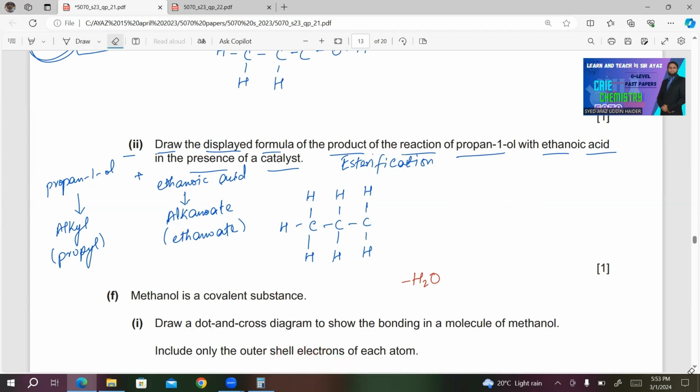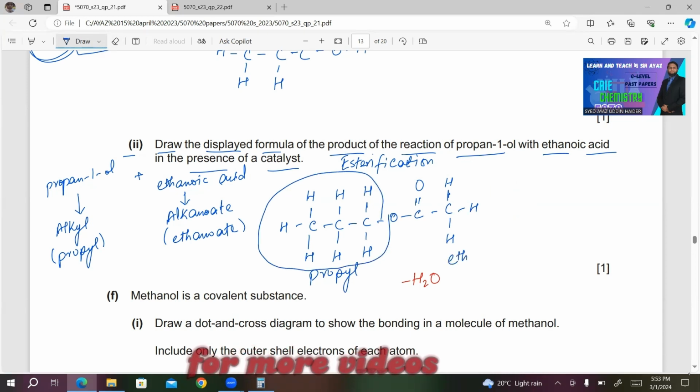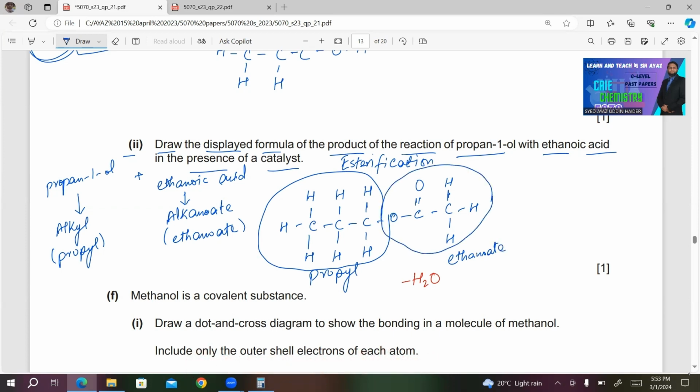You'll draw this in this way: single bond O, single bond C, double bond O, CH3. This is propyl ethanoate. This one is propyl. This whole group is propyl. Ethanoate, this whole group is ethanoate.